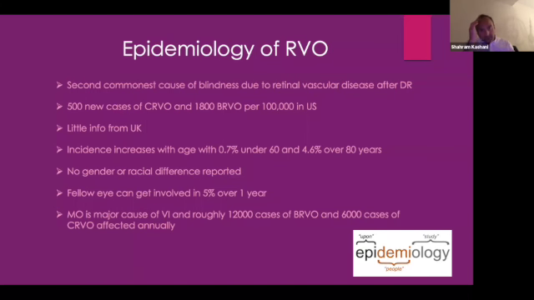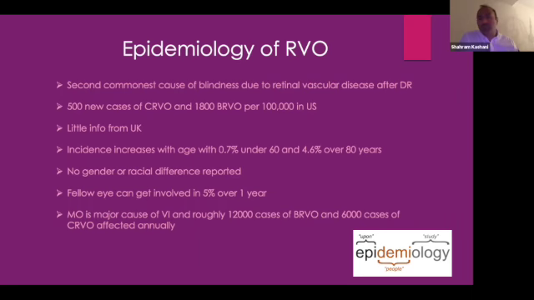So as far as epidemiology is concerned, it's the second commonest cause of vascular blindness, second to diabetes. Interestingly, there's actually no data in the UK, which is astonishing. But there are around 500 new cases of CRVO and 1,800 BRVO per 100,000 population in the US.